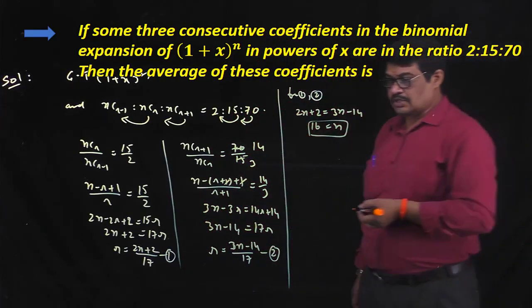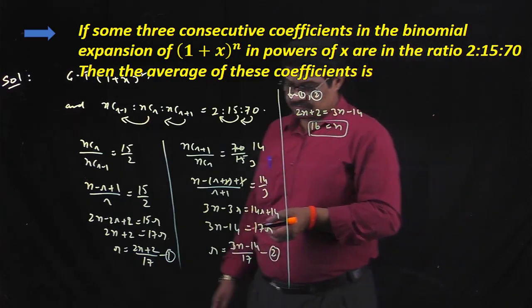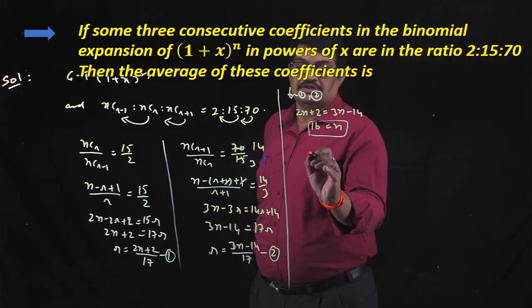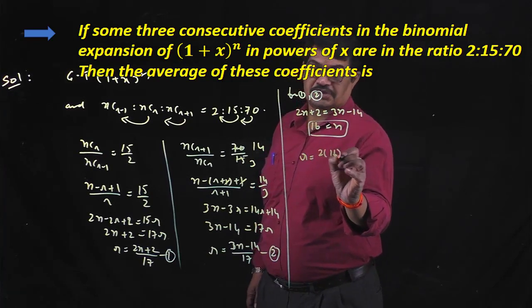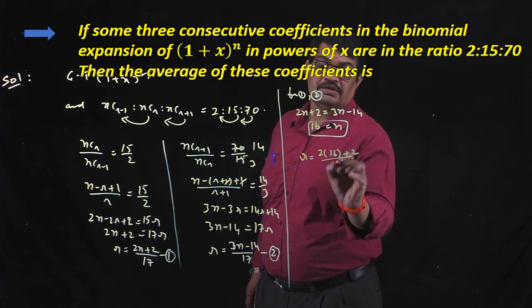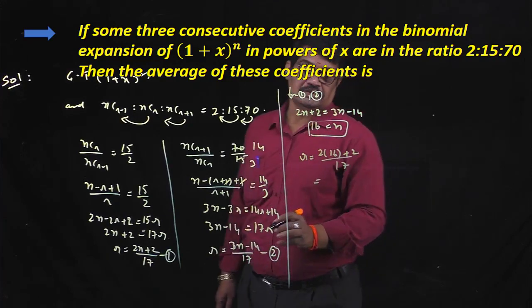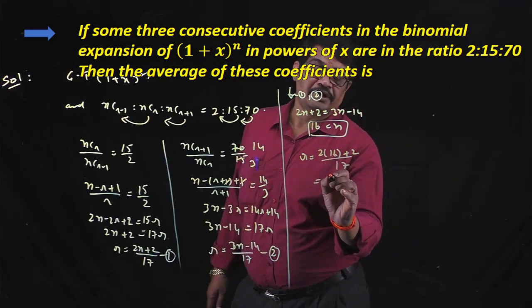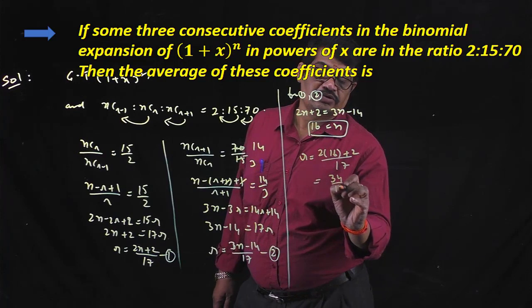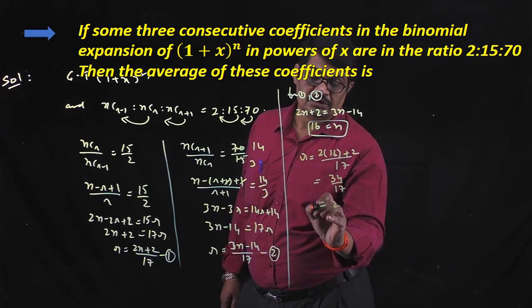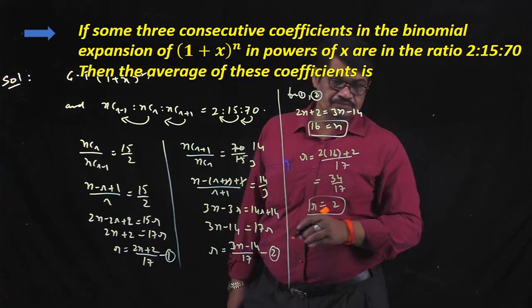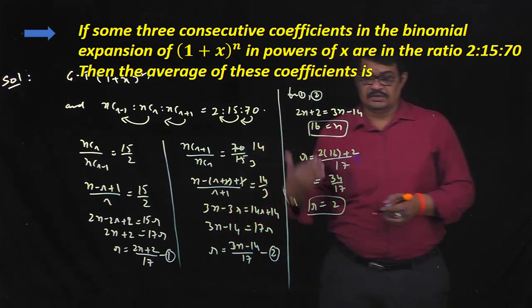Now we have to substitute in this equation 1. What is r? r is equal to (2 into 16 plus 2) by 17. So that is 32 plus 2, that is 34 by 17. That is 17 twos are 34. So here r is equal to 2. We are getting r and n.